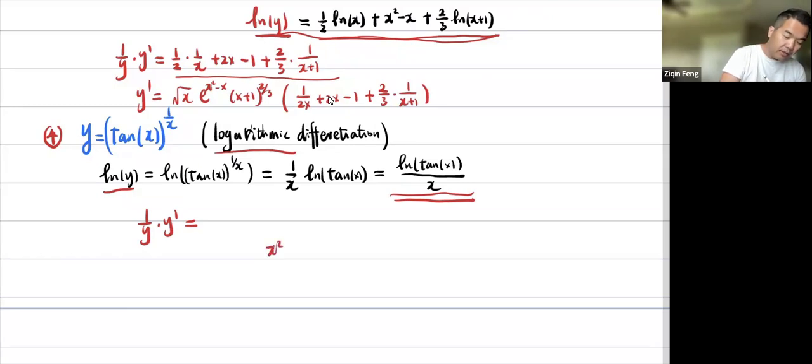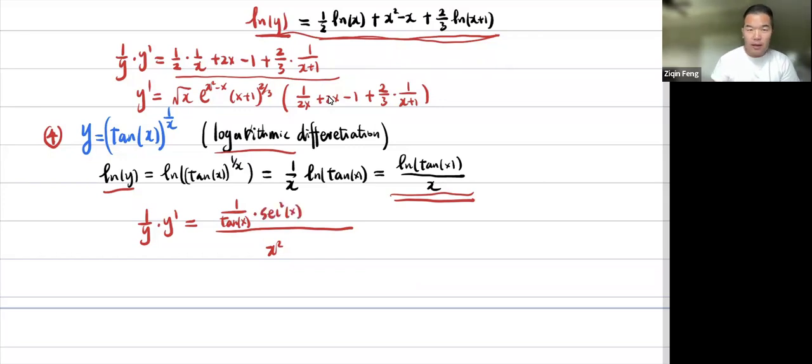So x squared is the denominator. Numerator first term is the derivative of natural log of tangent of x. You get 1 over tangent of x times tangent prime, which is secant squared of x, and then plus the numerator times the derivative of the denominator. The derivative of the denominator is 1, so we get natural log of tangent of x times 1.